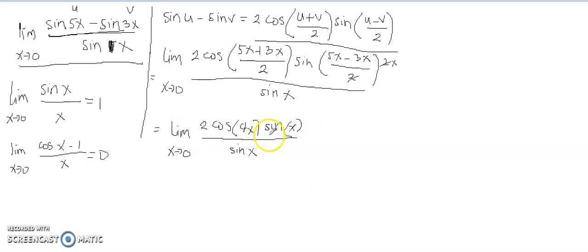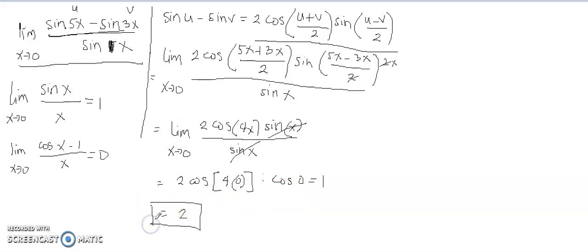Now, since sine x, meron din sa baba, sine x, so cancel lang. So, therefore, 2 cosine 4, and then substitute the value of x, which is 0. Okay? So, we all know that cosine 0 is equal to 1. So, therefore, the answer is 2.